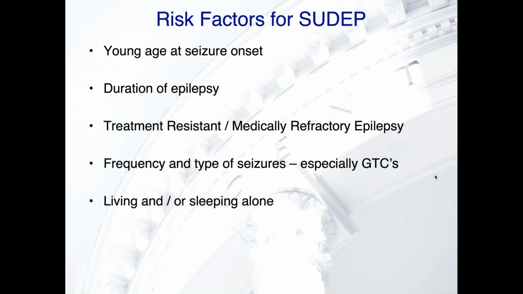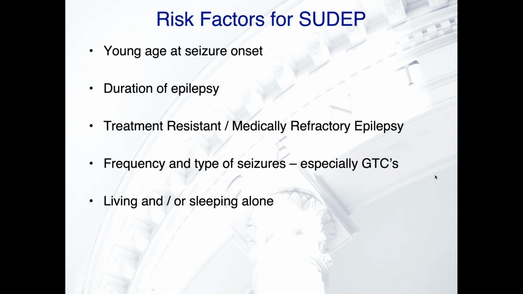So risk factors for SUDEP include a young age at seizure onset, the duration of epilepsy, having treatment-resistant or medically refractory epilepsy, and SUDEP is higher if you have certain seizure types, especially generalized tonic-clonic seizures, and that's really the most important seizure type that contributes to SUDEP.